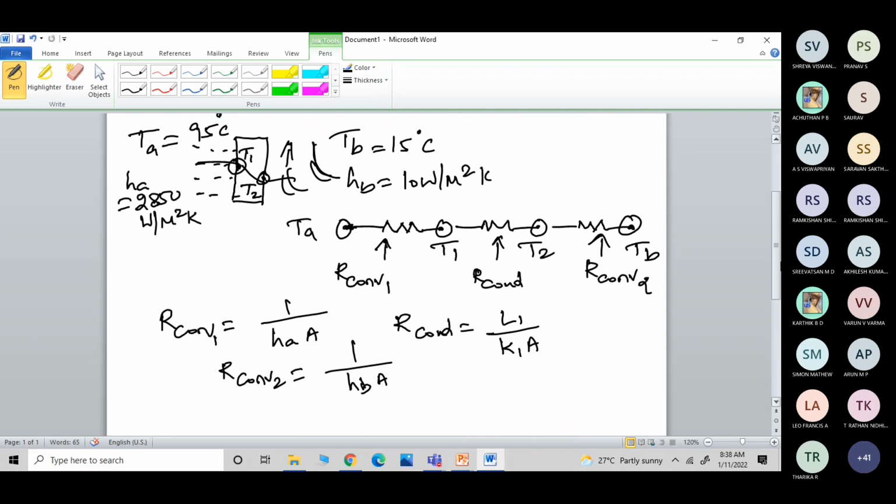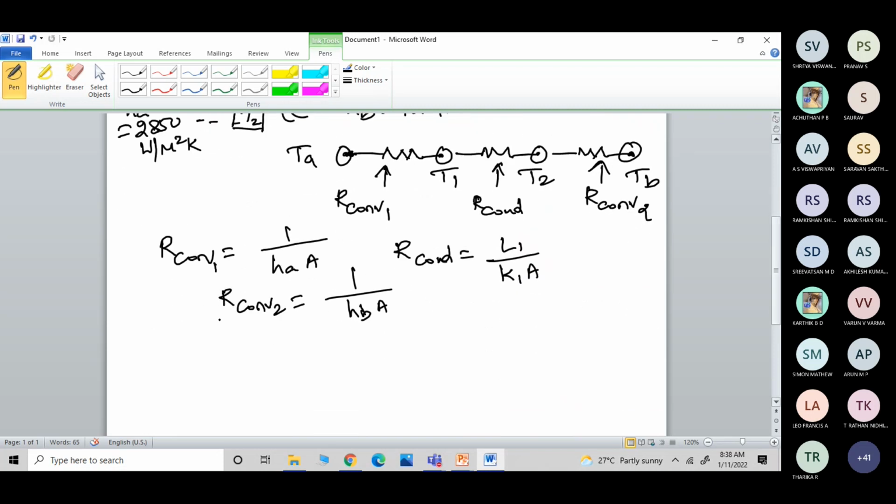Now Q will be equal to del T by sigma R, the summation of all the resistances. Now del T is TA minus TB divided by 1 by HA into A.